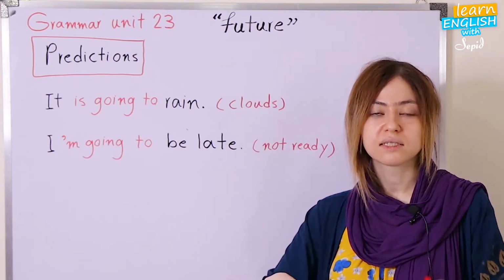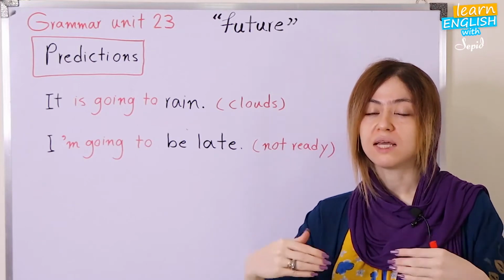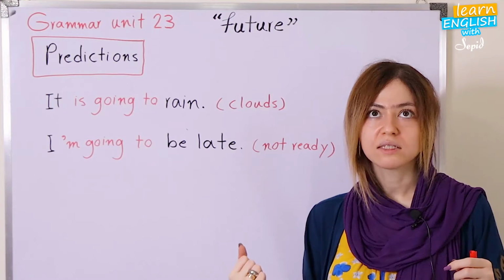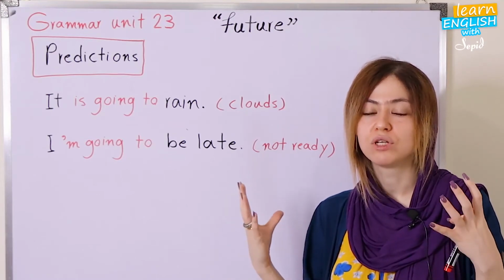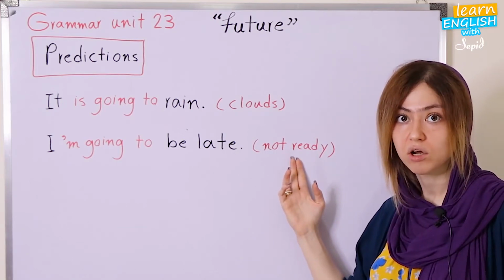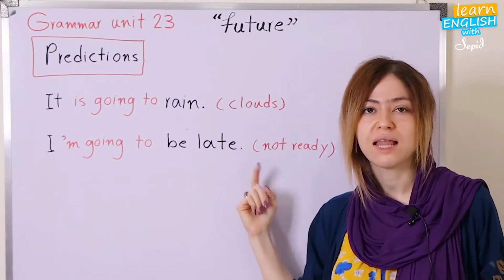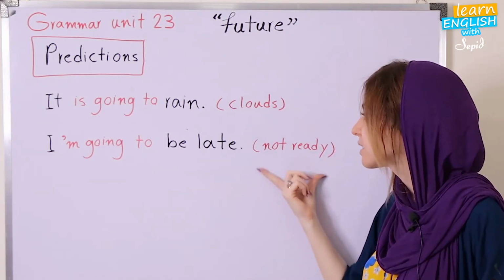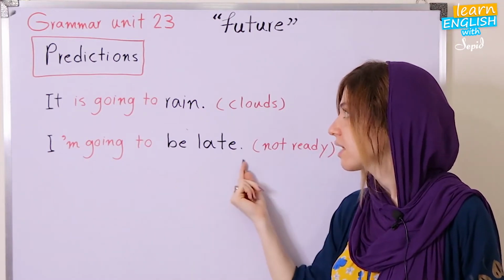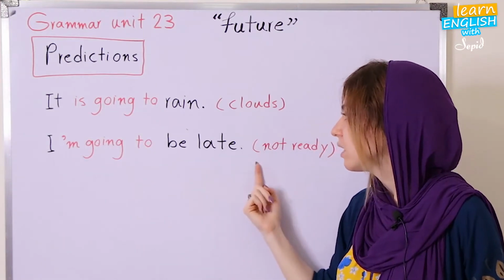It's exactly 9 o'clock now and you were supposed to be at that place at 9 o'clock. But you see that, oh my God, it's 5 to 9 and I'm not ready yet. It shows that you are going to be late. So there must be a sign here to show that this is a certain prediction that you are making. So I'm going to be late.